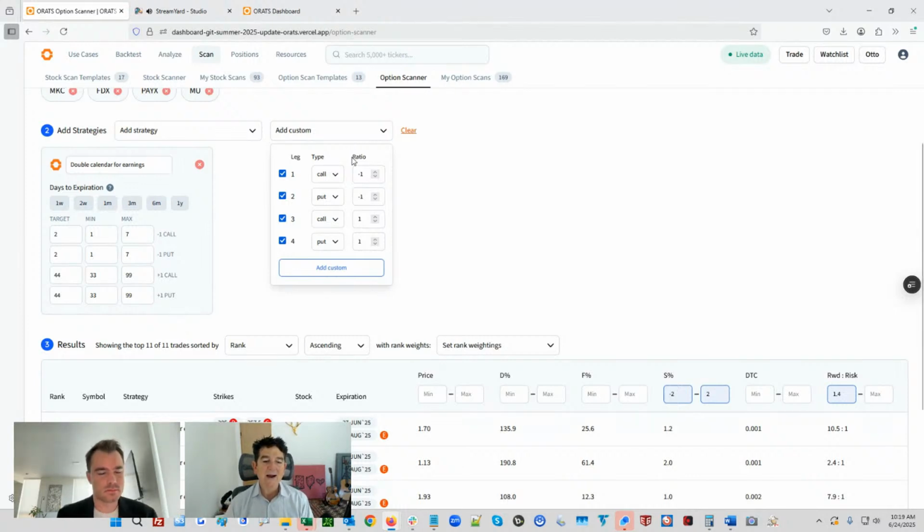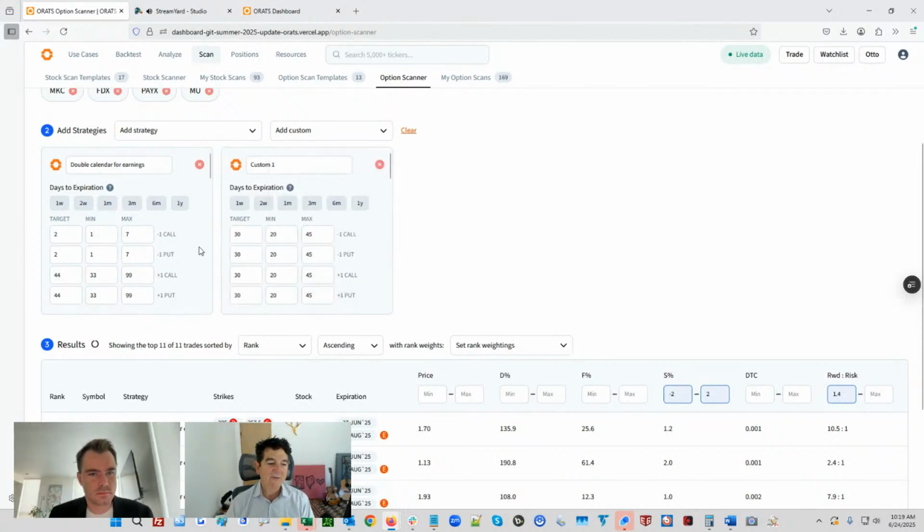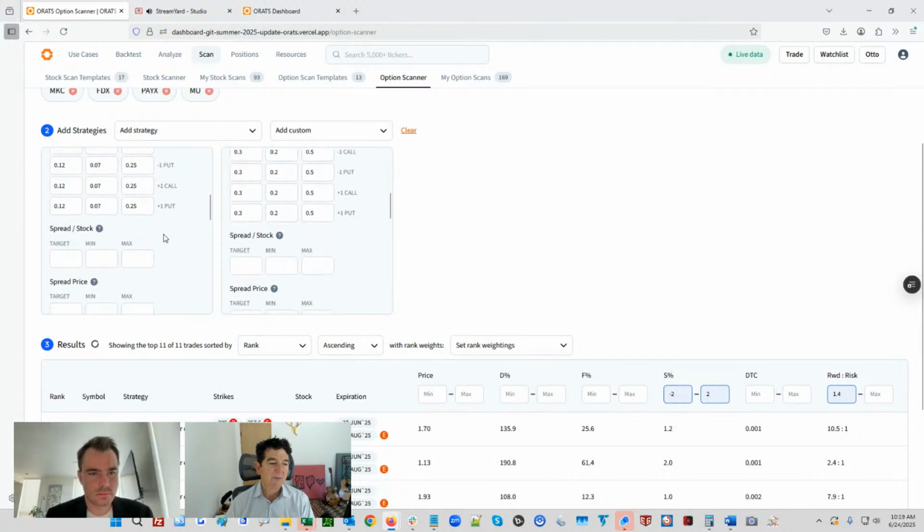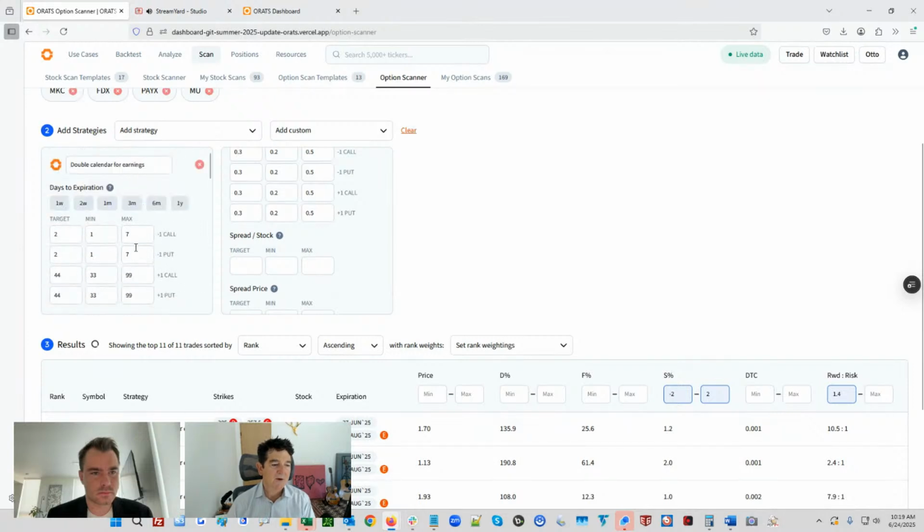But then the gotcha is that you have to set, and I'll scroll down here, you can set your deltas, right? But then you need to set, okay, so let's go here. Legs 1 and 2 have the same DTEs, right? So you want them to be the same in this particular double calendar. As you see here, there's only 2 expirations, it's not 4.